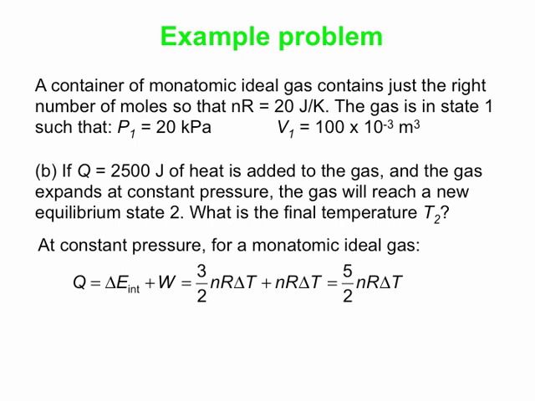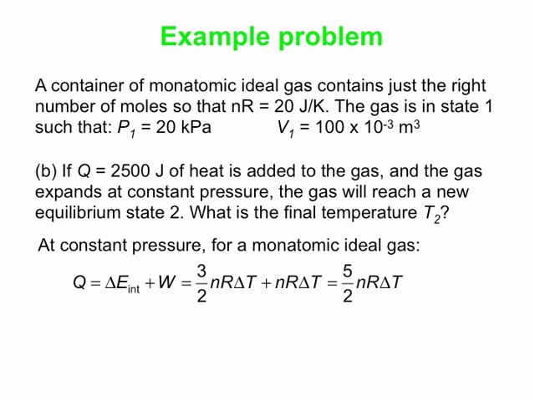And then the work done is P delta V for a constant pressure process, but because of the ideal gas law, P delta V is the same as nR delta T. So we can replace the work by nR delta T. Here's our 5/2 nR delta T that we've seen before, the Q for a constant pressure process.